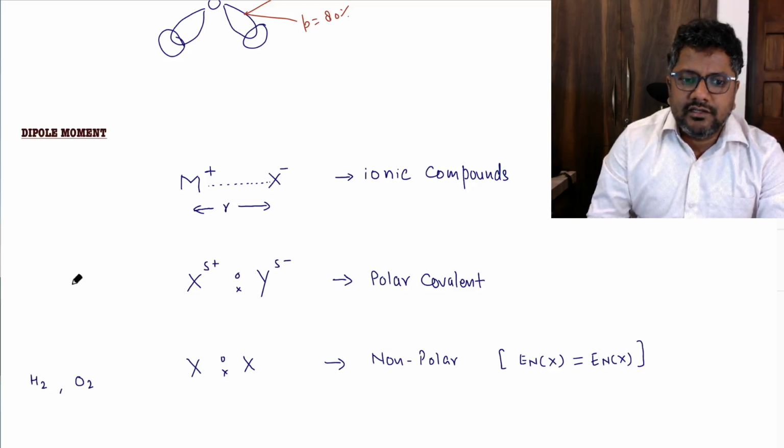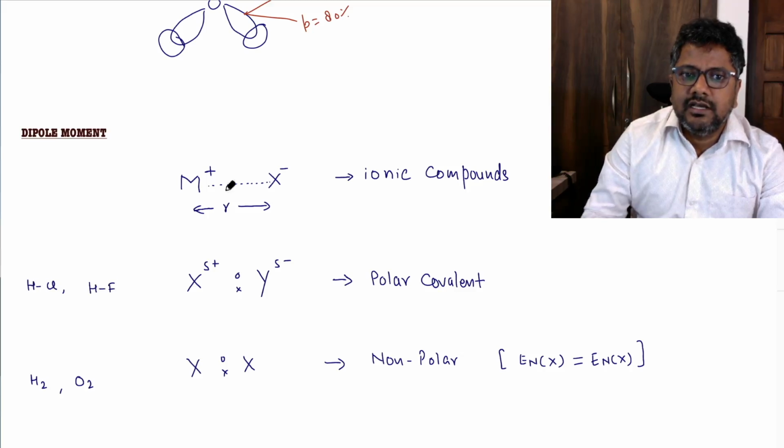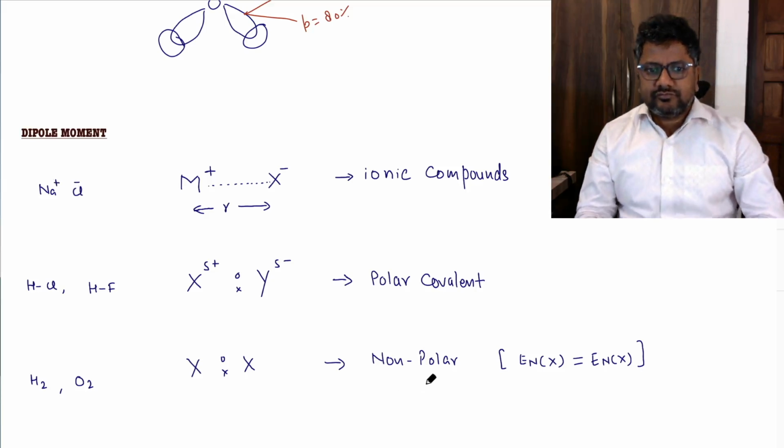In the polar category you have examples like HCl, HF, and in the ionic category you have examples like NaCl, Na plus Cl minus.